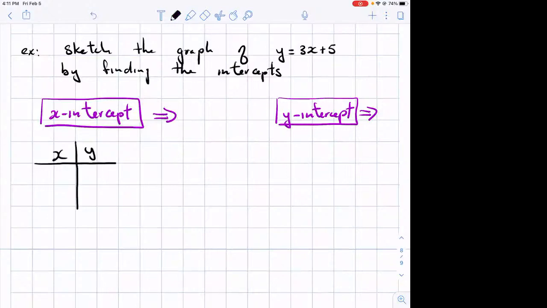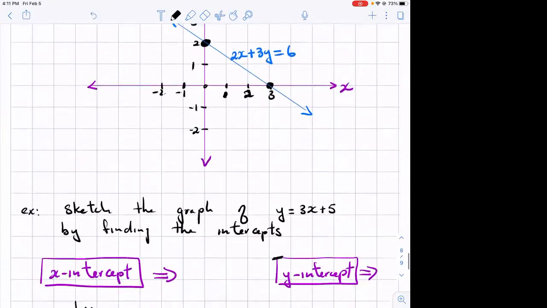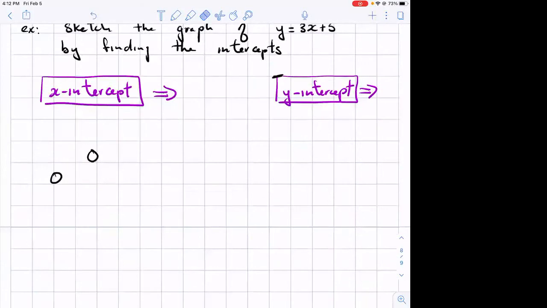and x and y, and remember, to find the x-intercept, we let y equal 0, and to find the y-intercept, we let x equal 0. So we could use the same table, okay? If you want, we can use the table, and that's exactly what we're doing, okay? So if you want, you could write it this way also, or you could go back and write it the way we did up here, okay? It doesn't matter. So it's all up to you.